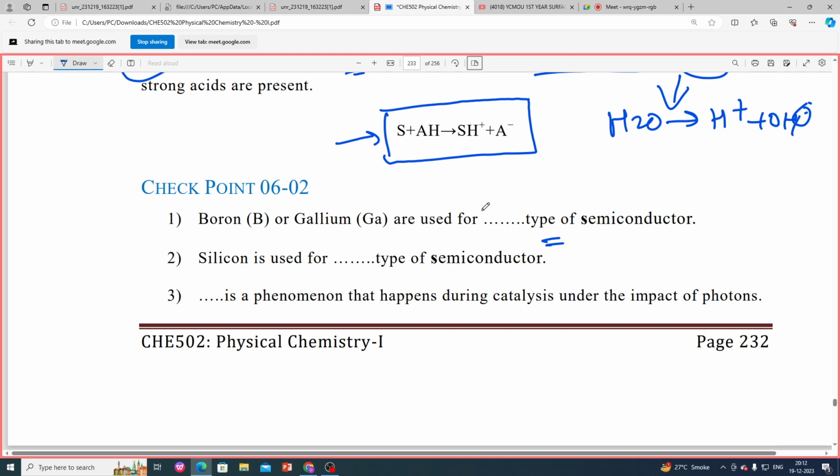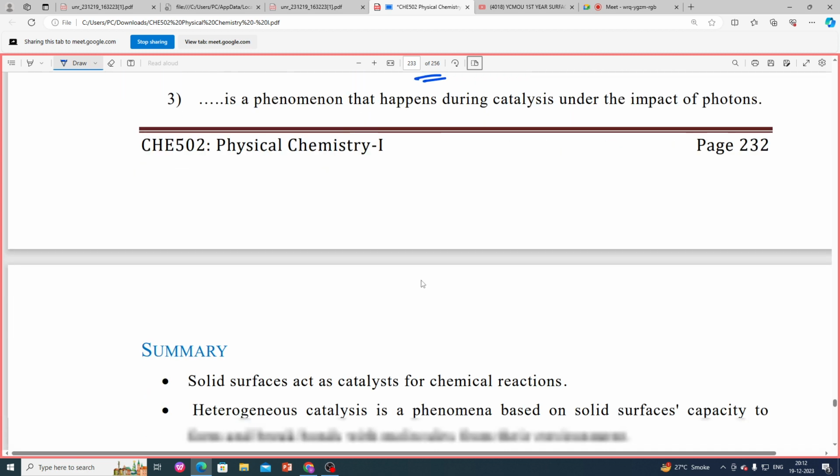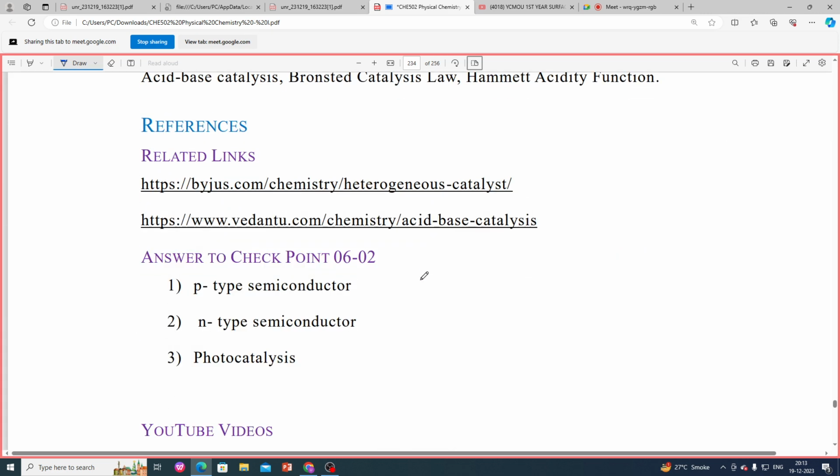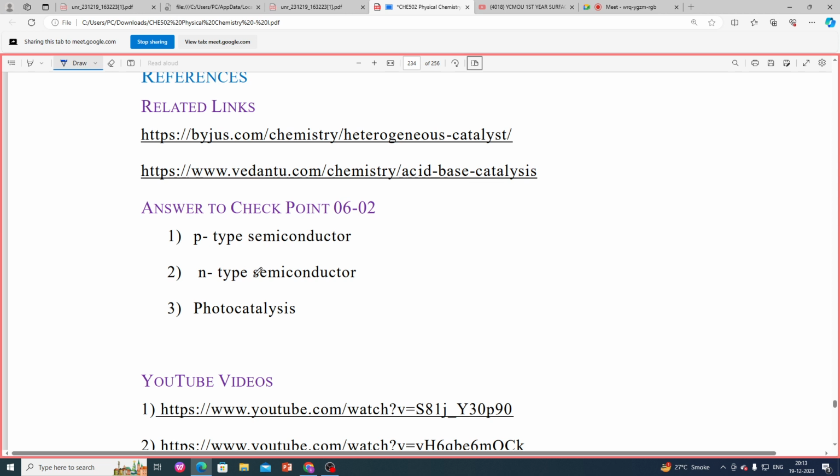P टाइप. ओके. Silicon is used for dot type of semiconductor. कौन सा आएगा बोलो. यहाँ पे नीचे आंसर दिए इसके. देखो summary of the answer: P type, N type and photocatalysis. Okay, these are the answers.